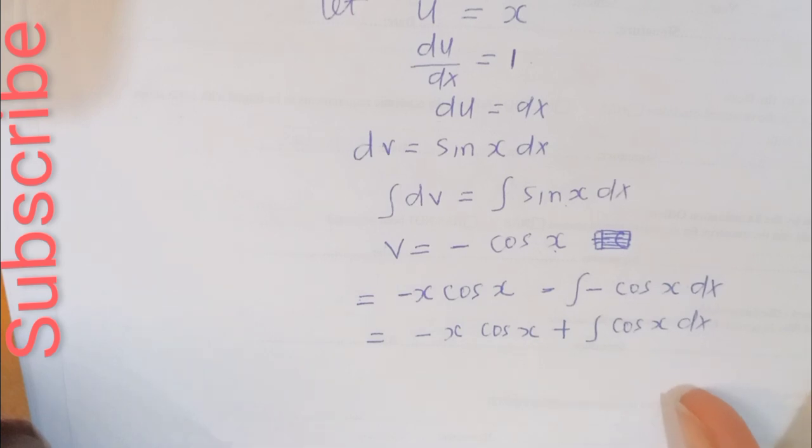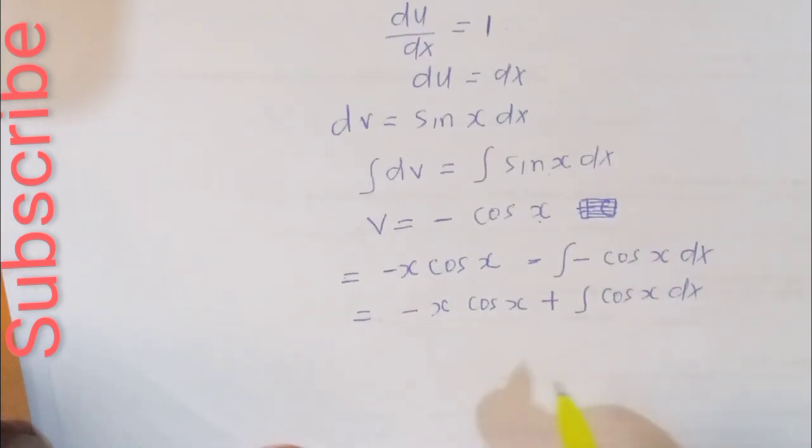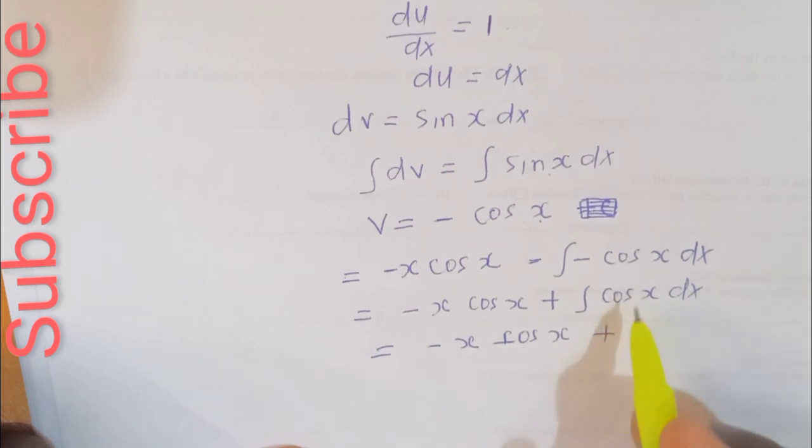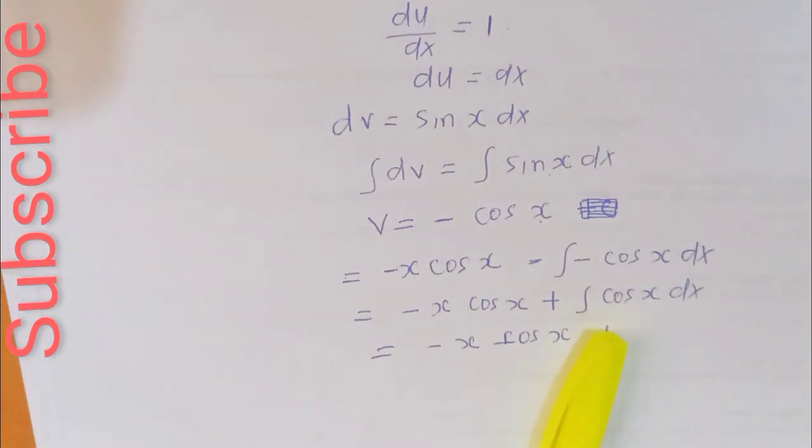Now, ladies and gentlemen, this one now will be negative x cos x, then plus, what is the integral of cosine? The integral of cosine is just positive sine.